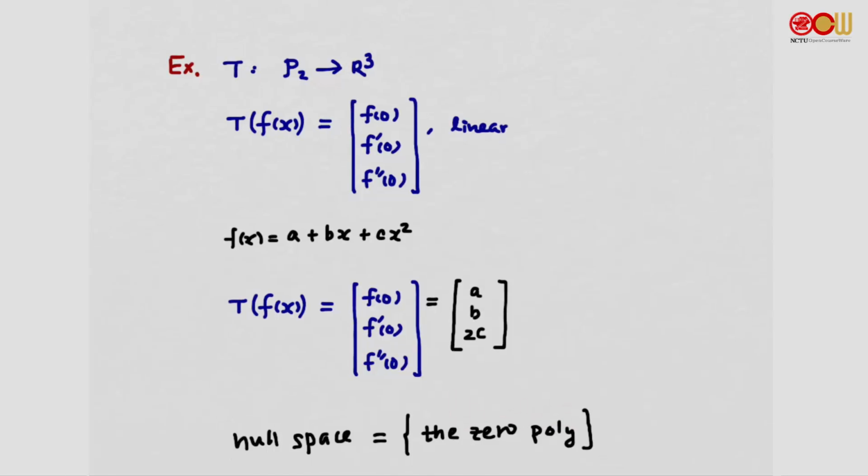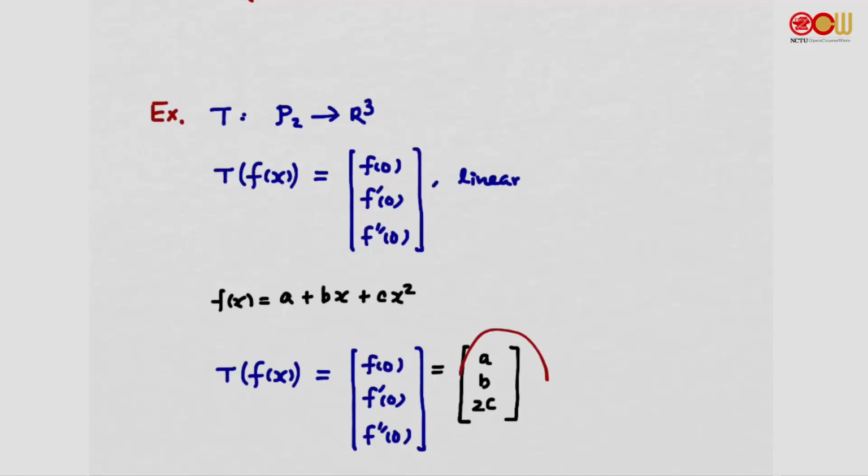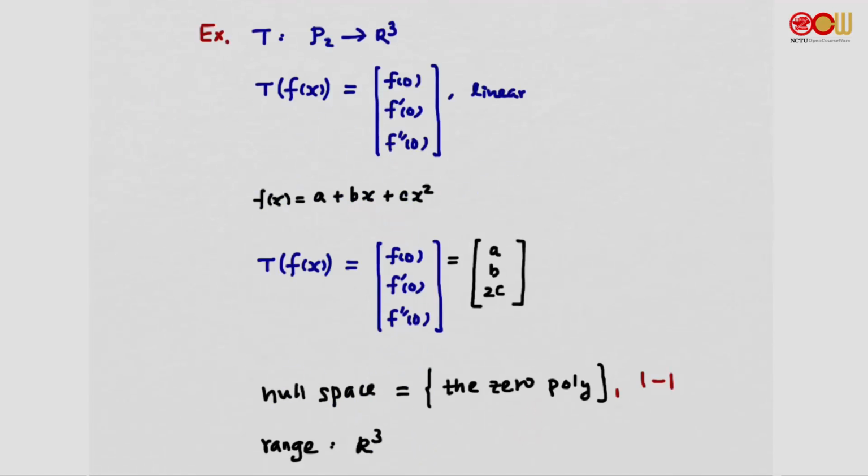So indeed, this T is 1-to-1. How about onto? We look at the image. And this can be an arbitrary vector in R3, right? So the range is R3, and this is onto.